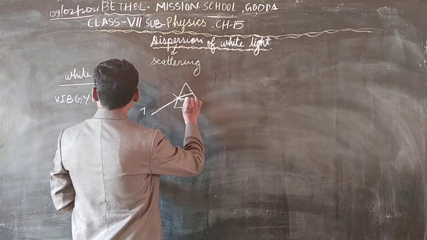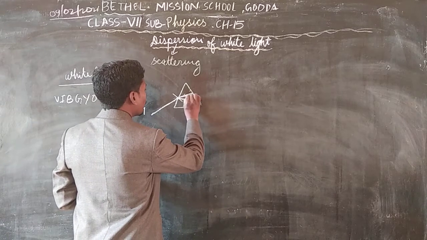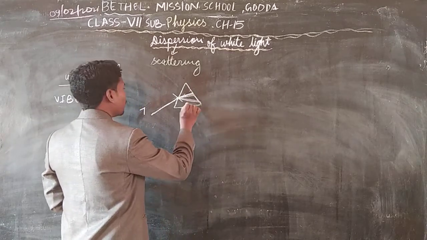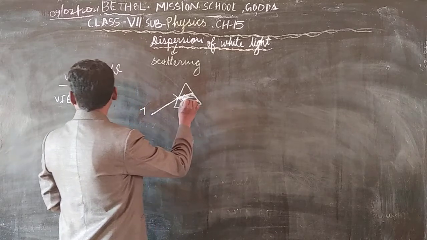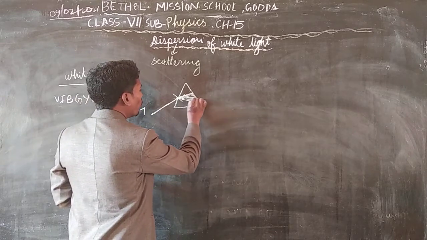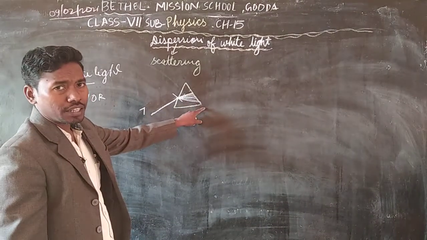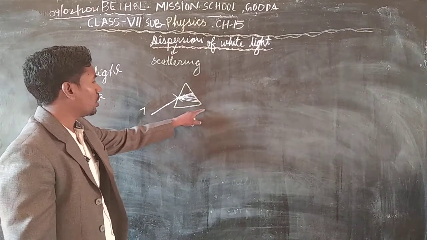So this one is red, then we have orange, yellow, green, blue, and then indigo and violet.